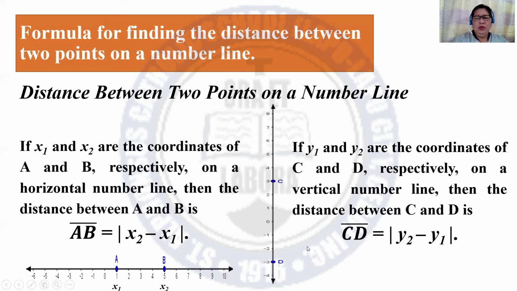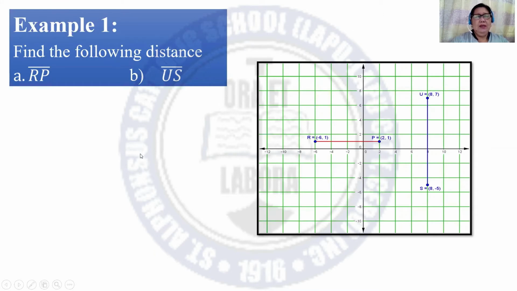So, in this illustration, the value of C is y sub 1 and the value of D is y sub 2.